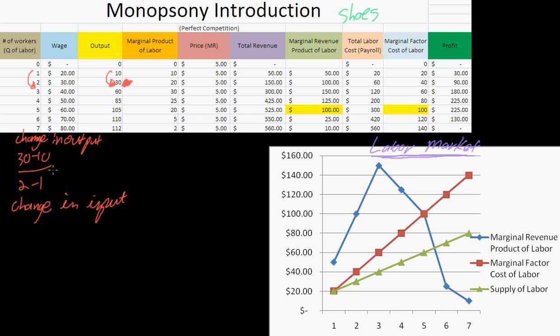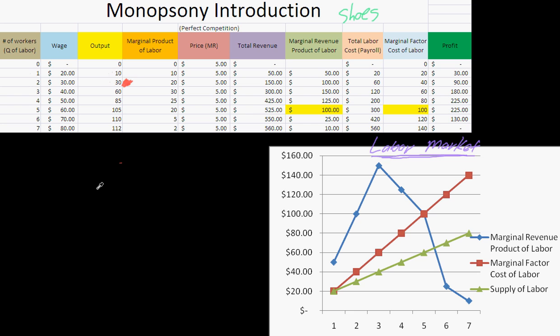So you just do the subtraction and the division, and we get 20 over 1, which is equal to 20, which is exactly what we see in this box right here. So that's all that I'm going to do with marginal product of labor. I think we've covered that a bunch now, and we're going to go on to some other ones.